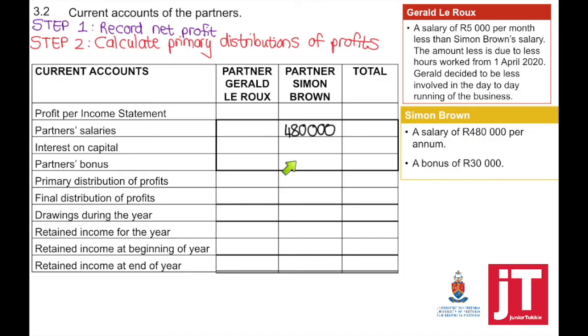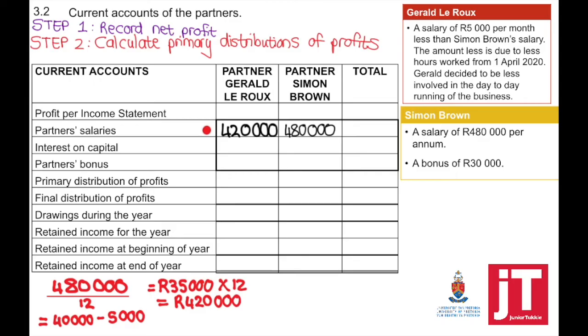So salary, Simon, 480,000. To calculate now the salary of Gerald, we have to take 480,000 divided by 12 to get the monthly salary, minus 5,000, and then we need to times it by 12. The salary allowance is always equal to 12 months.